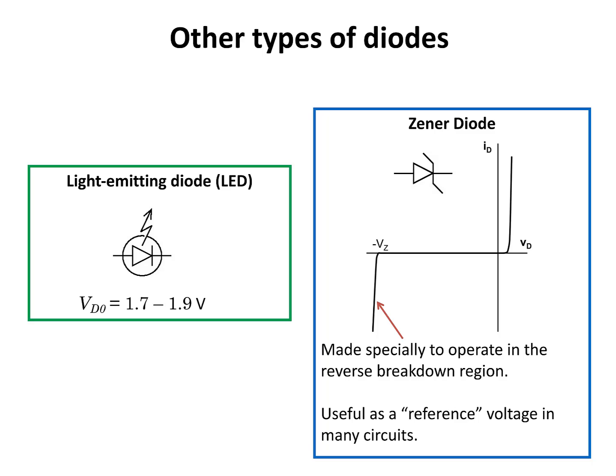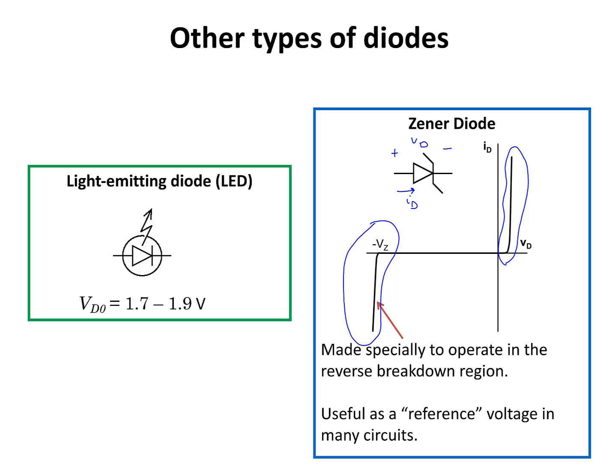So like a regular PN junction diode, when it is forward biased and VD reaches VD0, so this is VD and this is ID, the diode is going to start conducting, and in the piecewise linear model, we're going to say that the voltage drop across the diode stays at a constant value equal to VD0. Unlike regular PN junction diodes, Zener diodes can also operate in the Zener region when they are reverse biased and in the reverse breakdown region, which is this region.